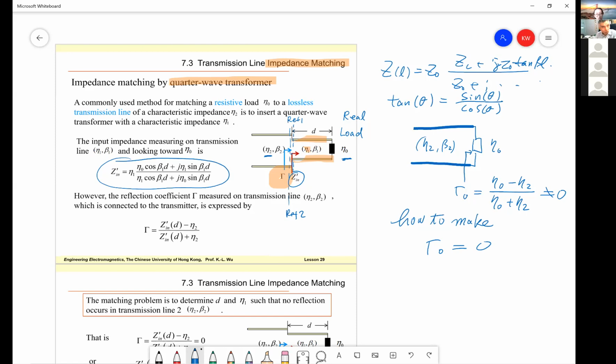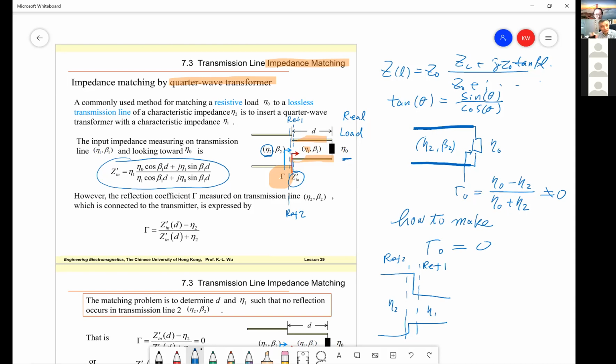From reference plane 2, where I stand is in eta 2. Not in eta 1, because this is a junction. This is reference 1, this is reference 2. At reference 2, I stand in eta 2. Now, because you stand in eta 2, you have to use eta 2 as the standard.